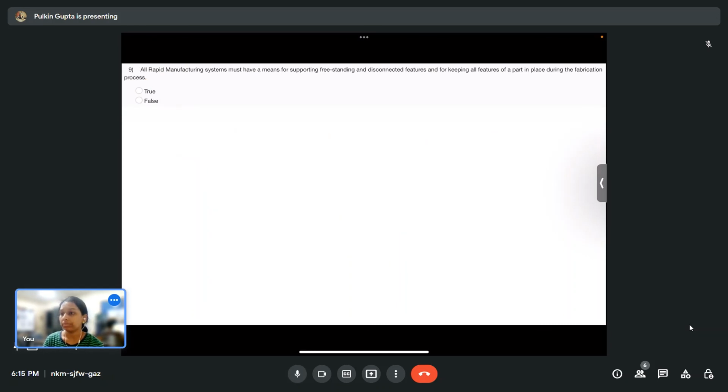Question number 9. All rapid manufacturing systems must have a means for supporting freestanding and disconnected features and for keeping all features of a part in place during the fabrication process. True or false? So let us understand what is freestanding.